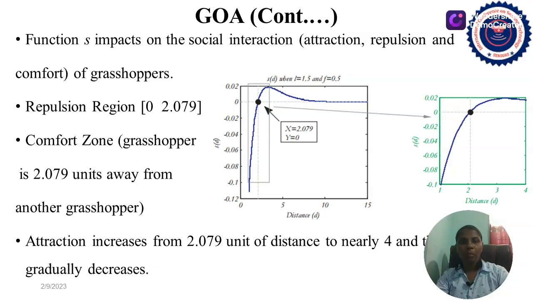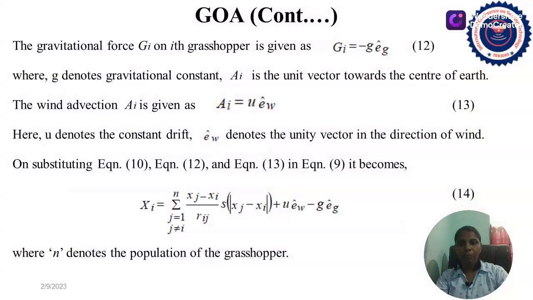There are some criteria for when it is repulsion, when it is the comfort zone, and when it is the attraction method. Then the next one is gravitational advection. So, how the gravitational force in the grasshopper is defined.